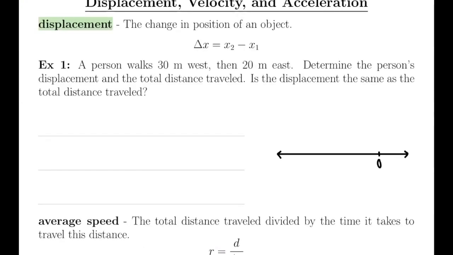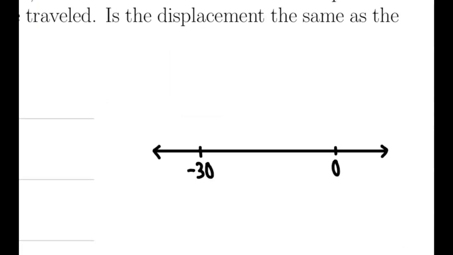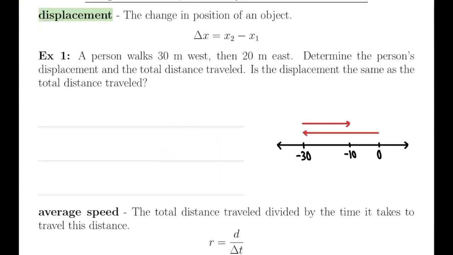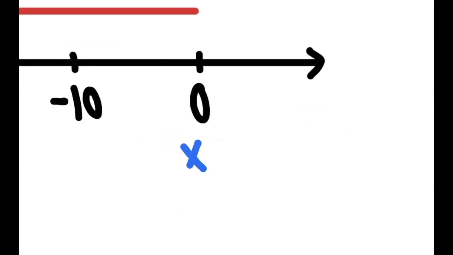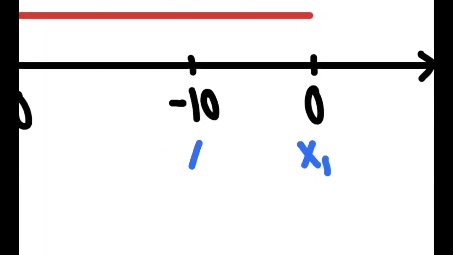This guy moved 30 meters west, so that's 30 meters to the left, so that's negative 30. And then he moved 20 meters east, so negative 10 is where this guy landed. So this is x1 right here. This is the initial position, and the final position, x2, right here, negative 10.